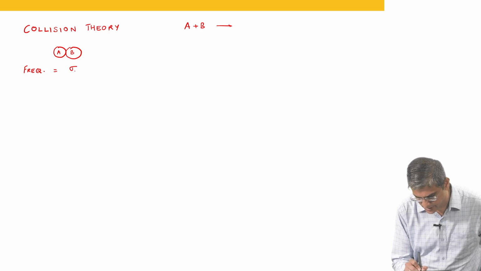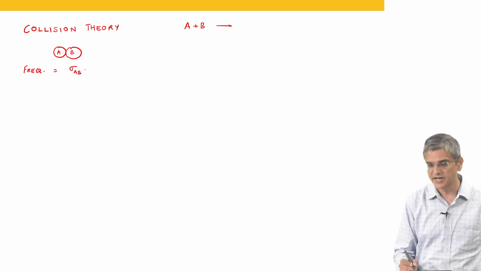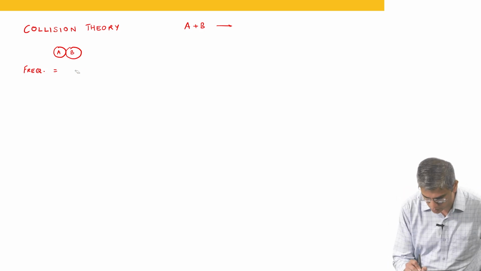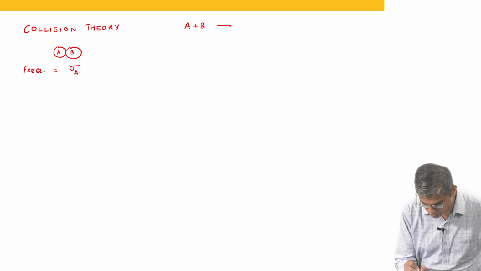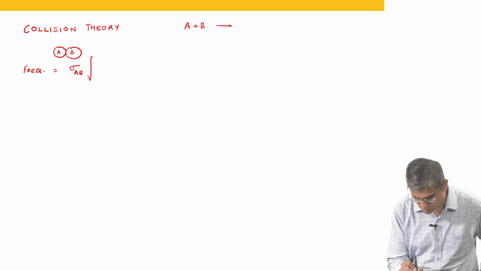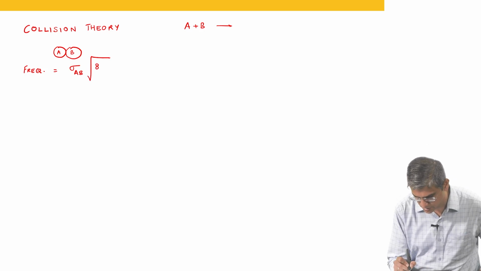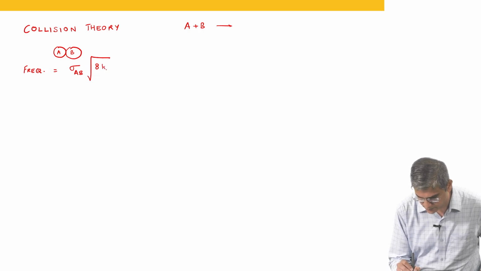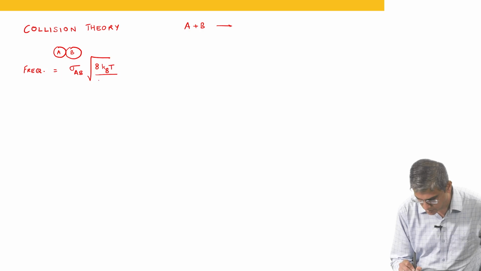Now, the frequency of this collision is given by the radius of the collision, square root of 8 kBT divided by pi multiplied by mu AB.